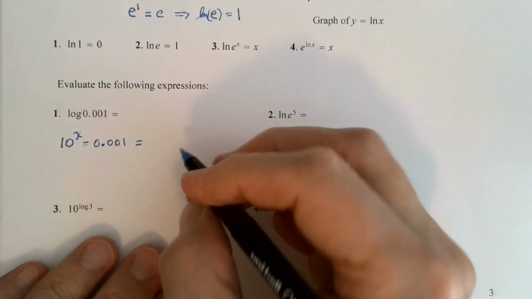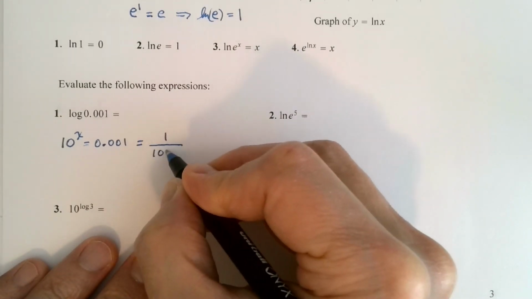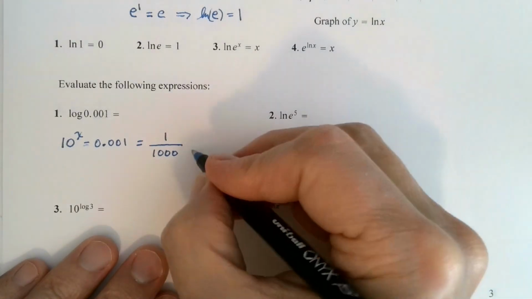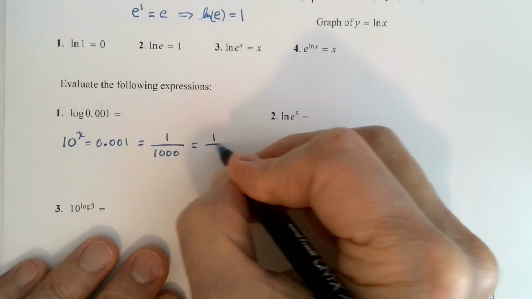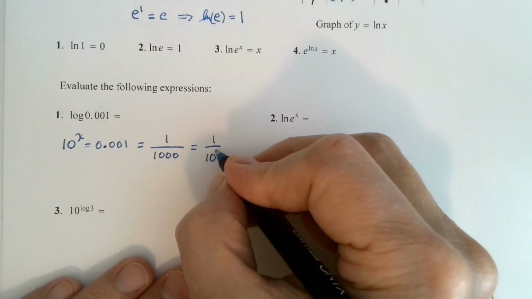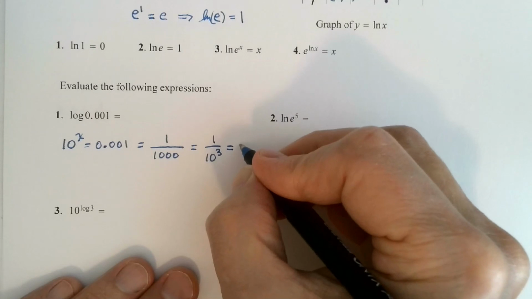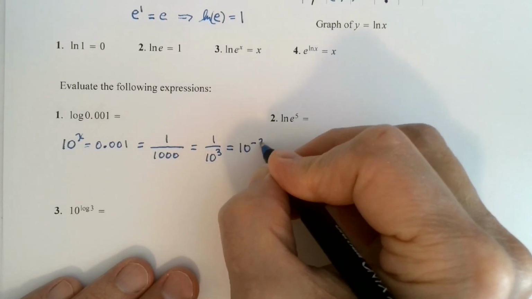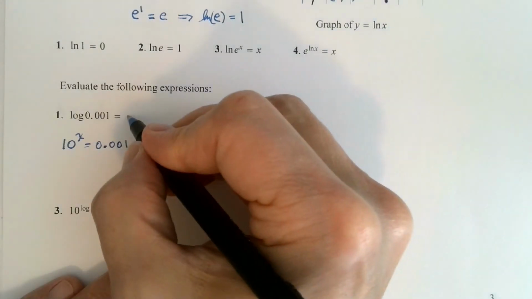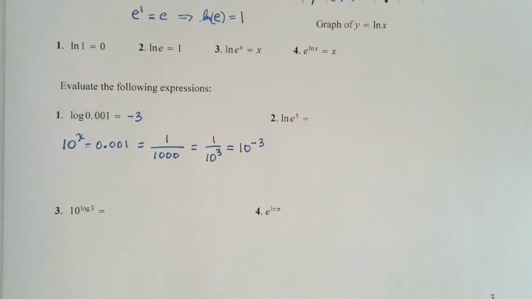This is 1/1,000th. 1,000 is 10 to what power? Third power. But 1 divided by 10 to the third is what? Negative 3. And so log of 0.001 is negative 3.